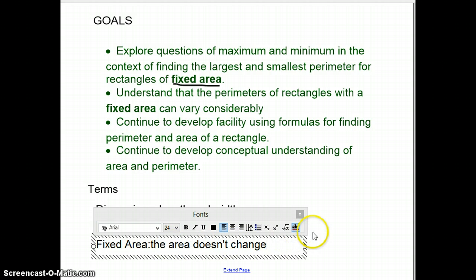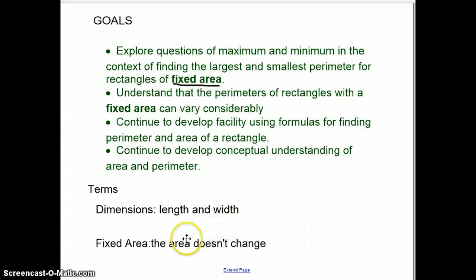So the area will not change. When the area does not change, the perimeter will change.